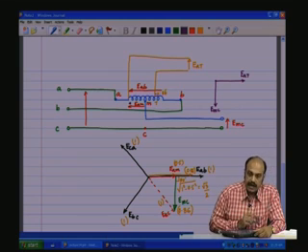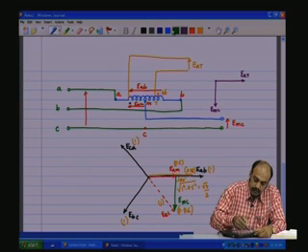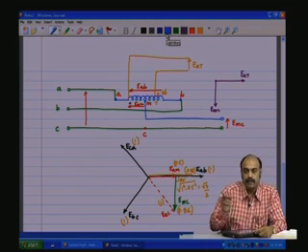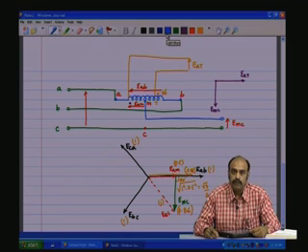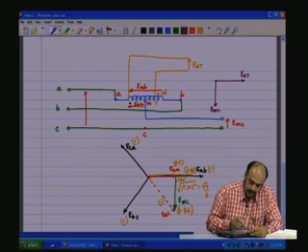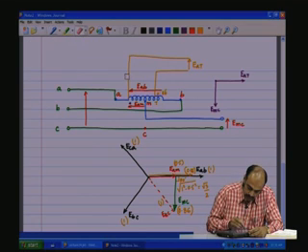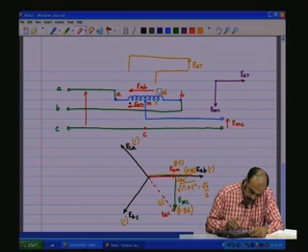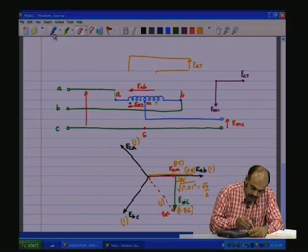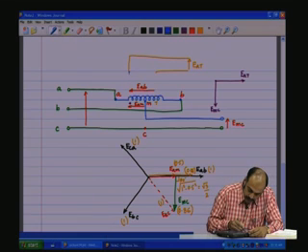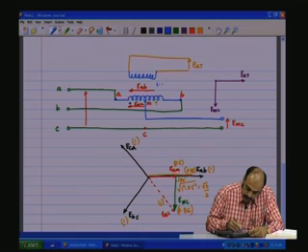So, instead of using a tapped winding, we could use the secondary of the single phase transformer with a suitable turns ratio of 1:0.86. Under such conditions, one could use the secondary of the transformer with 1:0.86 as the turns ratio.